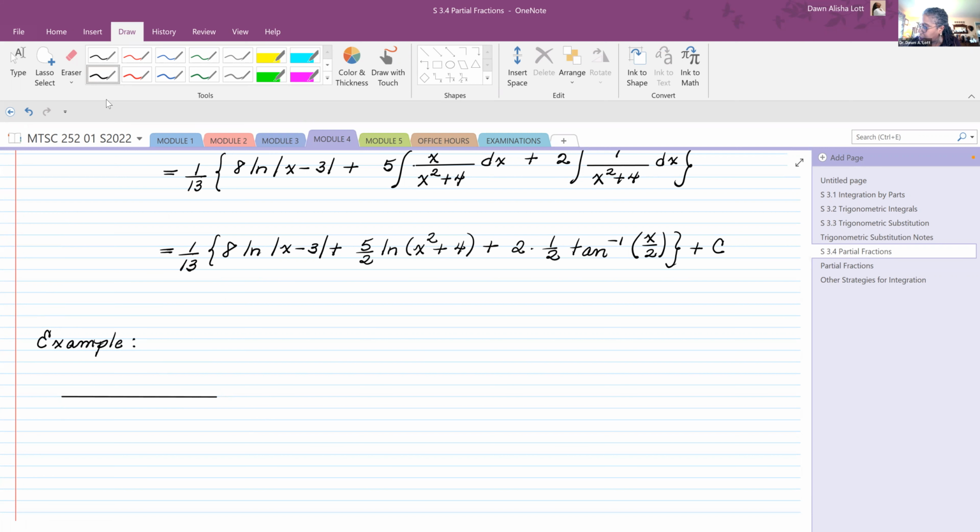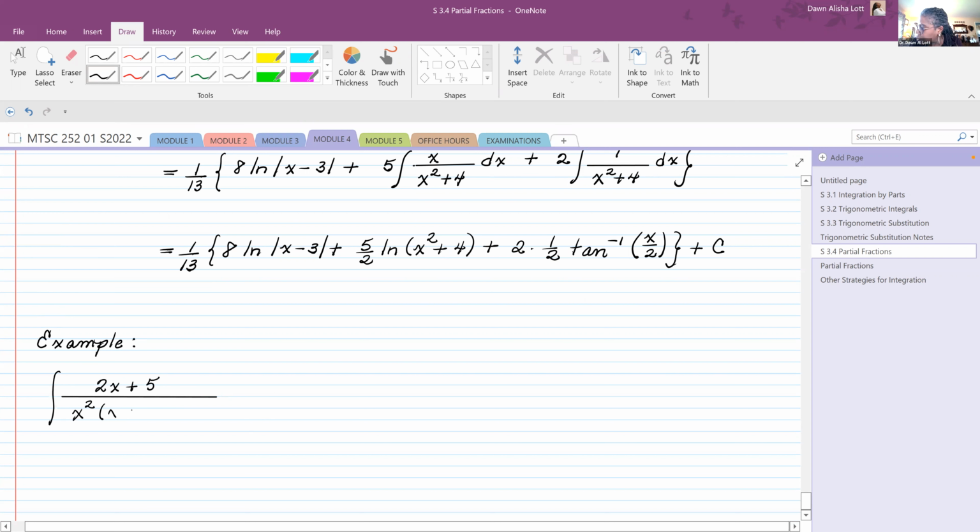But let's say I had the integral and this is over x squared times x minus 3 times x squared plus 4. Let's make this 2x to the 4th times x squared plus 9. Okay, dx.